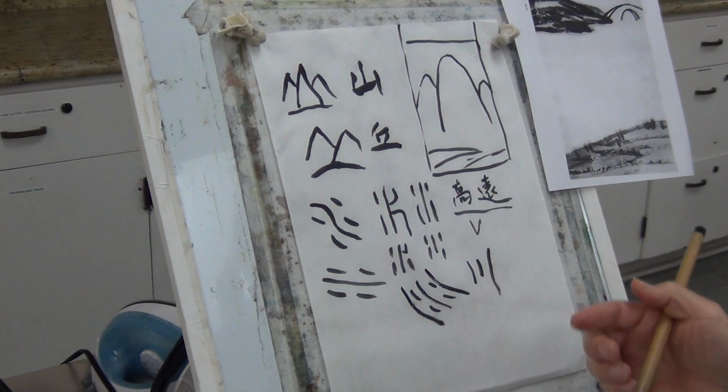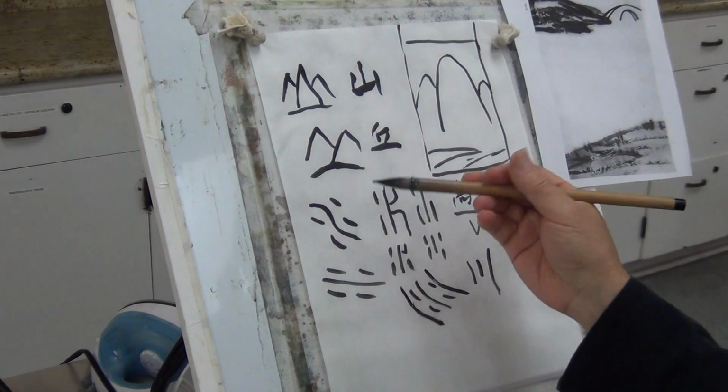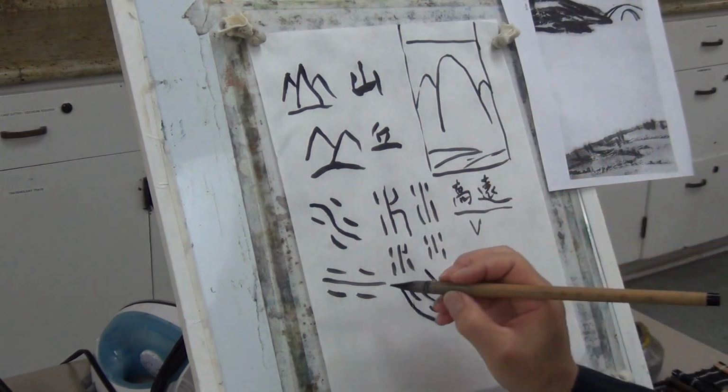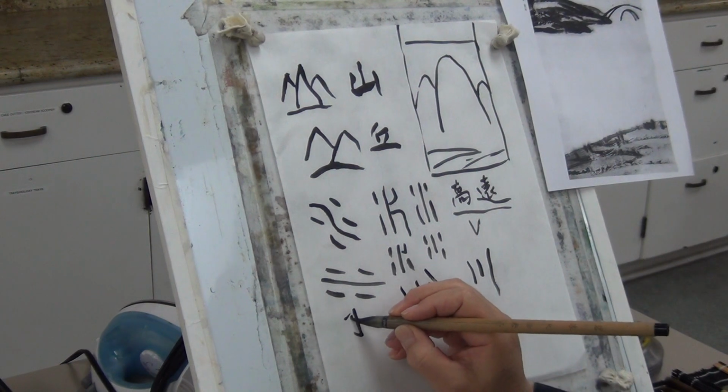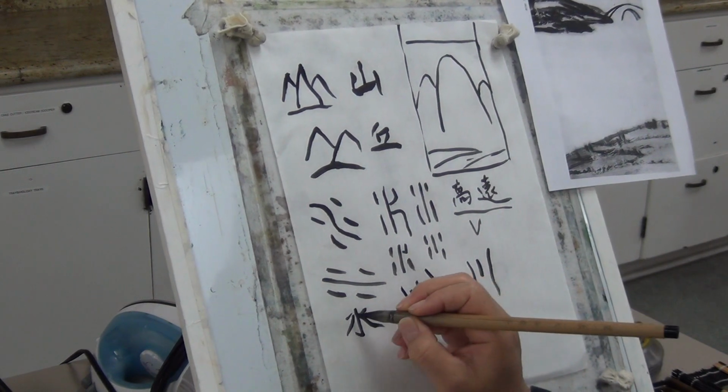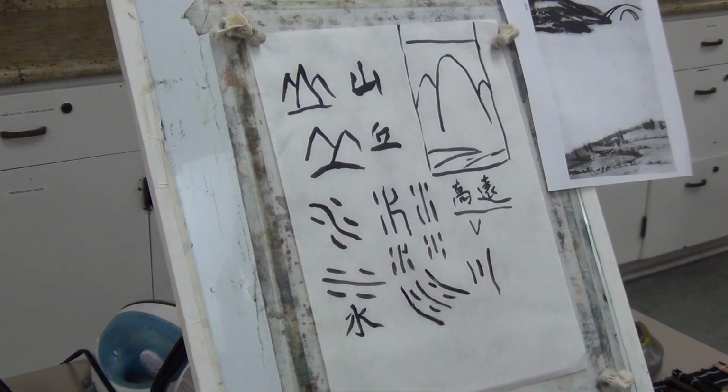Chuan is river also. This is water. Yeah, 水. Okay, that's right. The contemporary style is like that. The standard script is this. So 山水 meaning mountains and water. Mountains and water representing landscape.